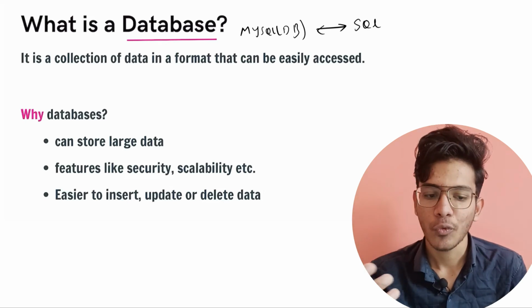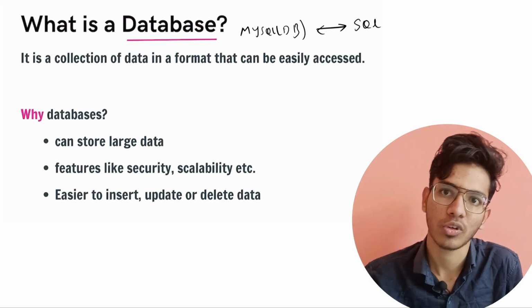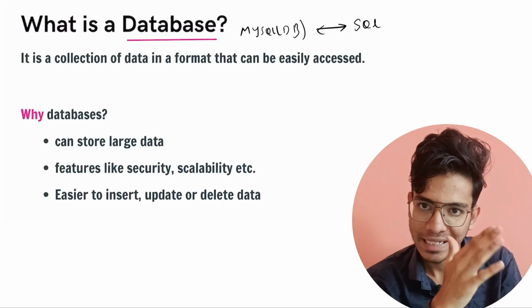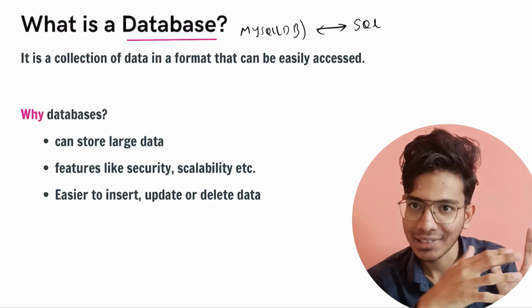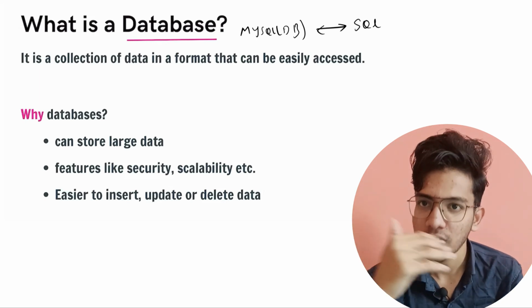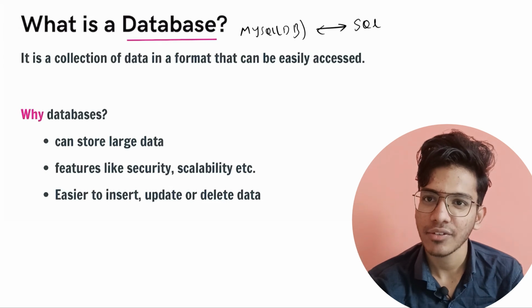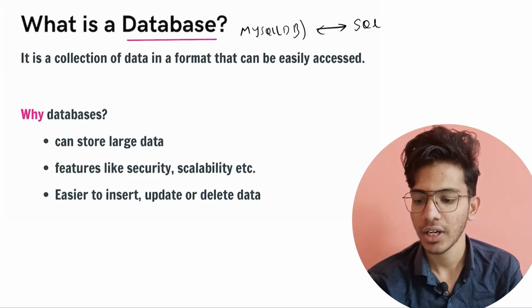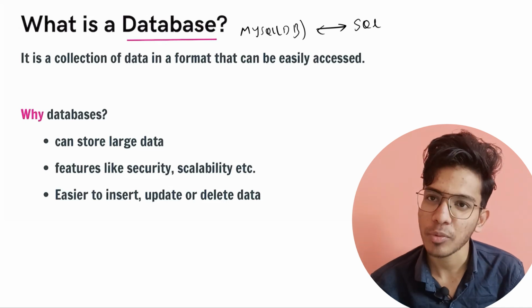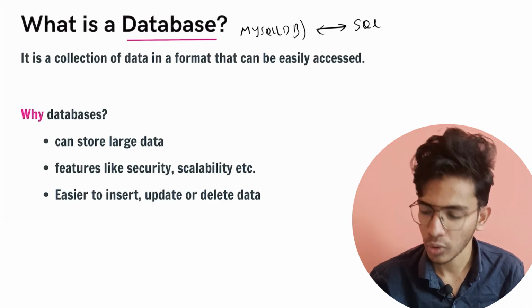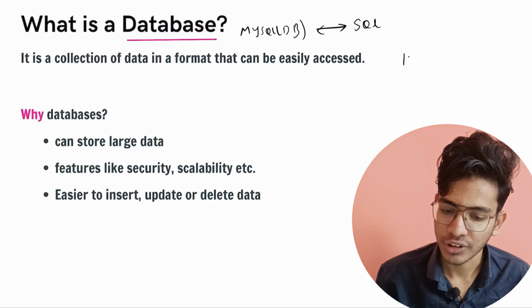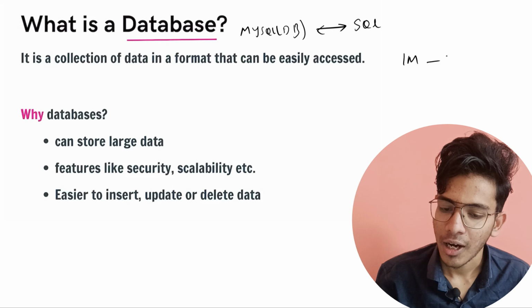Then later we got introduced to computers, and instead of storing data in physical files, we changed our storing systems. We started using normal txt files, and in those files we stored data of customers. But the problem with files is, let's say I have a million users or a billion users.